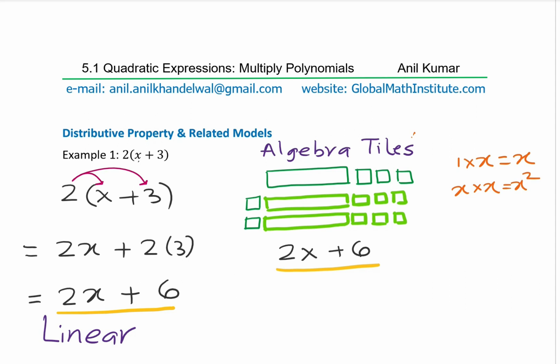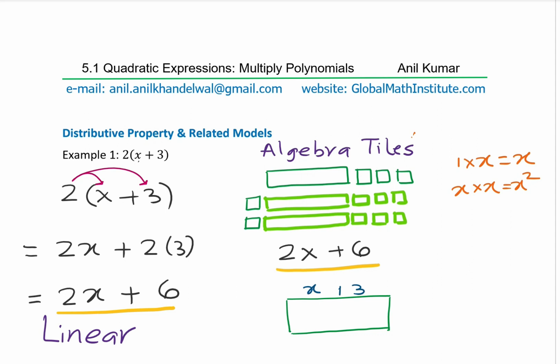We can also multiply using rectangles, and let me show you how we could do it. Now, in case of rectangles, let us say we have a rectangle whose length is x plus 3. So this is a rectangle with length x plus 3 and width is 2. So if I complete this rectangle, we can find the area of this rectangle. Here, let us say this is x and that is 3.